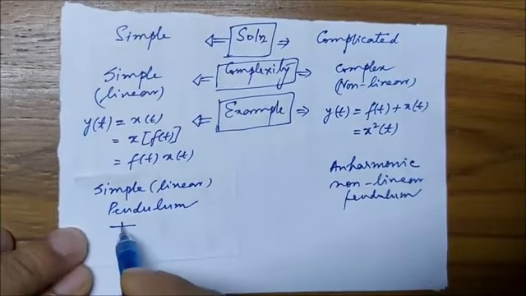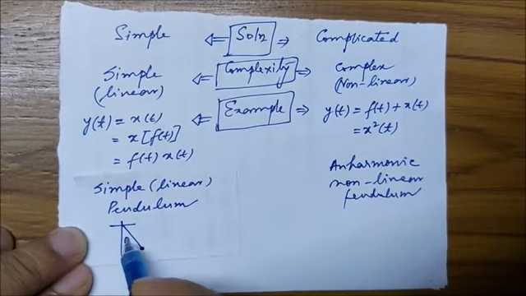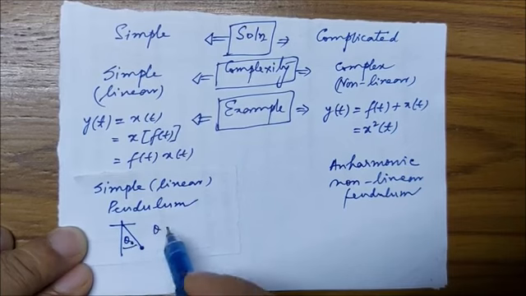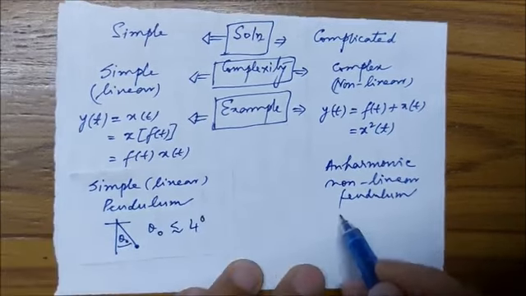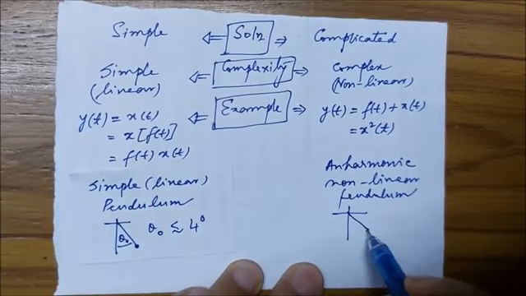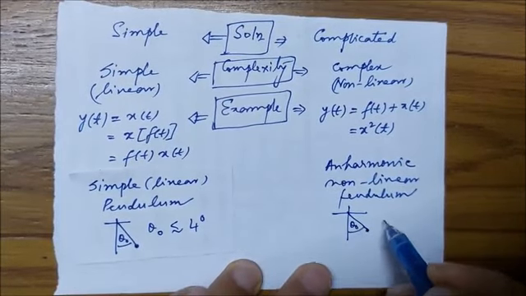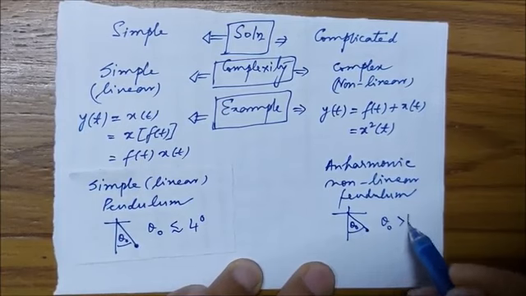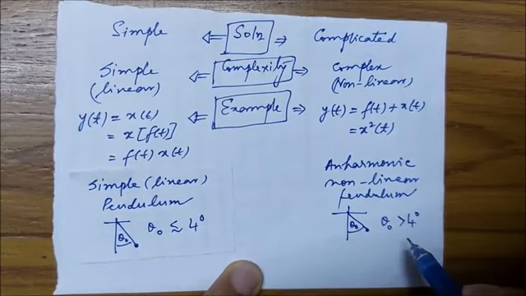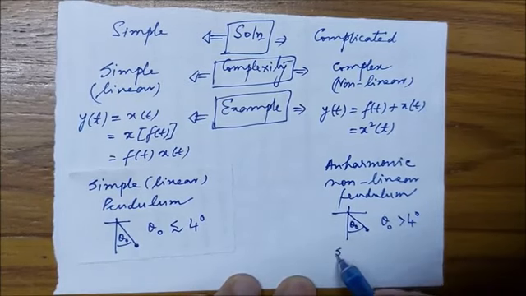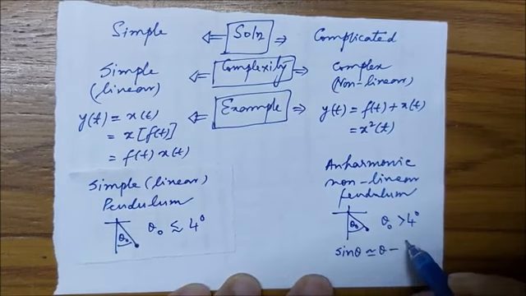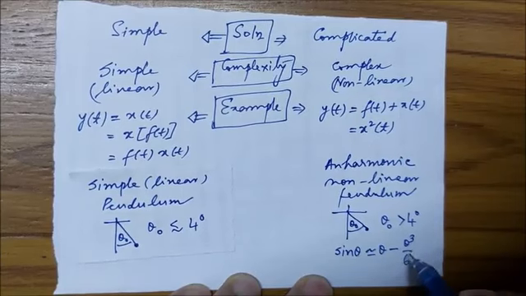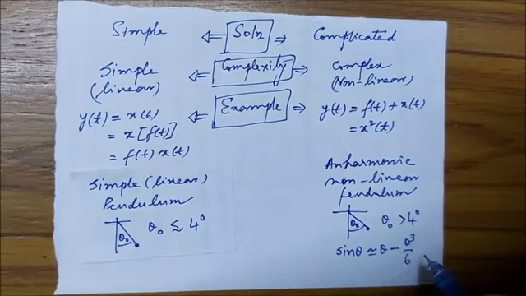Here theta 0 is less than or of the order of 4 degree, but here theta 0 is greater than 4 degree, that is allowed, and sin theta can be taken to be theta minus theta cubed by 6 as an approximation.